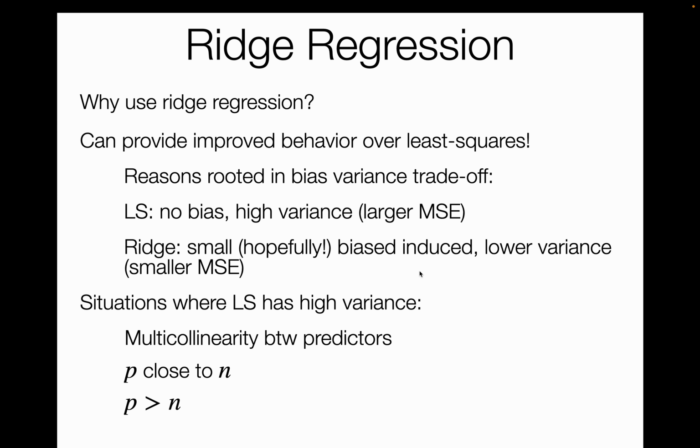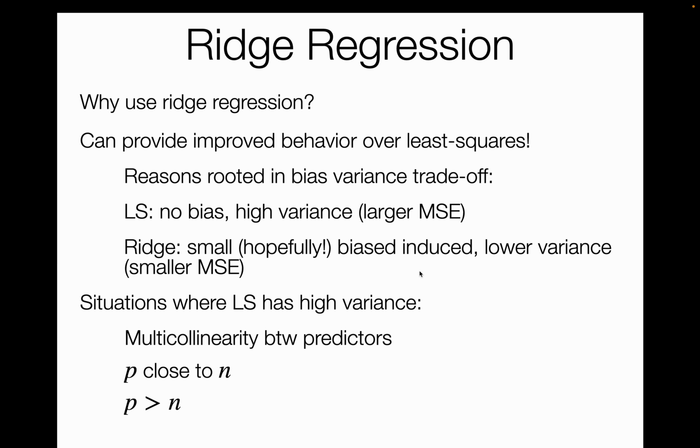So you can have an estimate which is unbiased, which means in theory, as the sample size gets larger and larger, your estimate is going to get closer and closer to the truth, and eventually it'll get to the truth because it's unbiased. But in the small sample case, when there's not a lot of data, it might be really variable, meaning there's a lot of variability in the numbers.